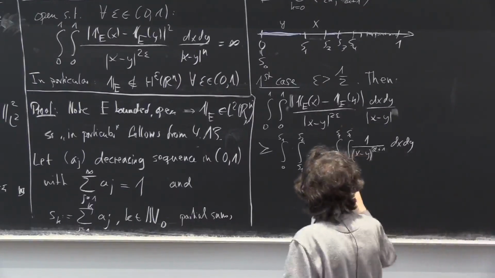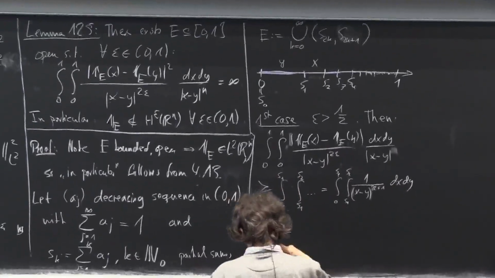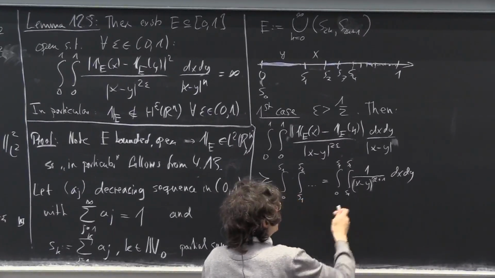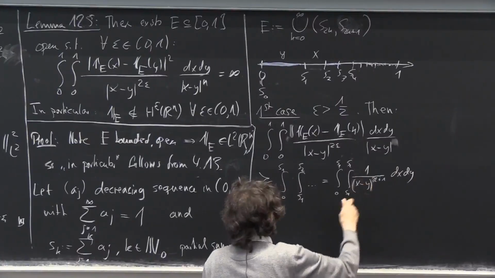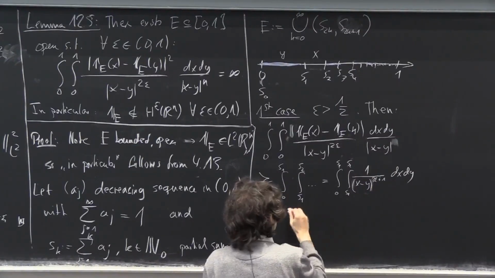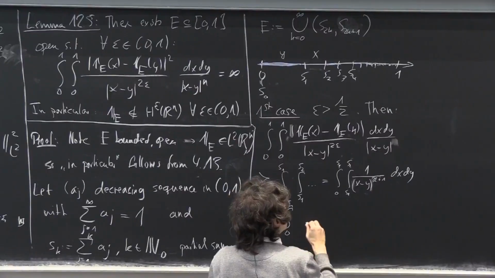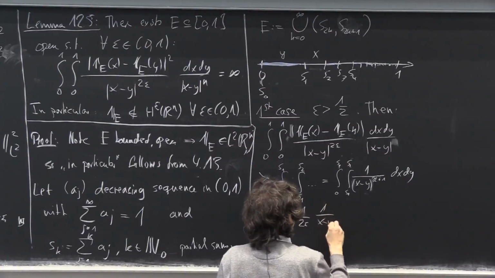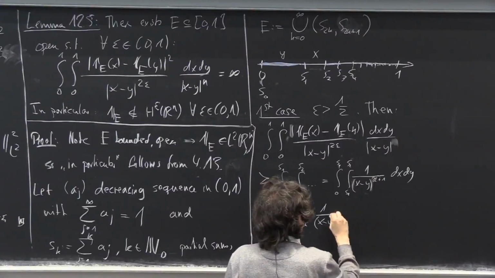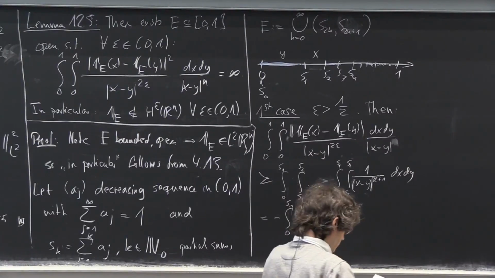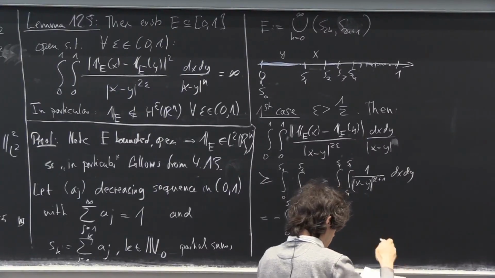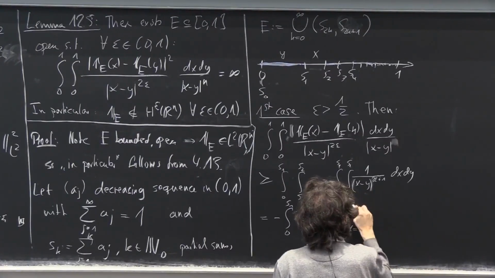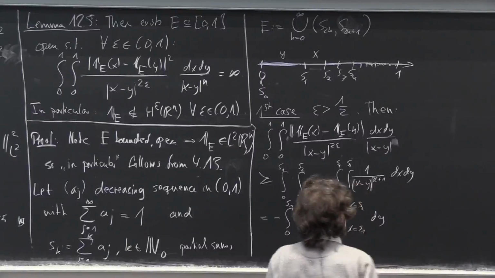At least the inner integral can be calculated. So the primitive of this function is minus 1 over 2 epsilon times 1 over (x minus y) to the 2 epsilon, with x going from S1 to S2, dy.